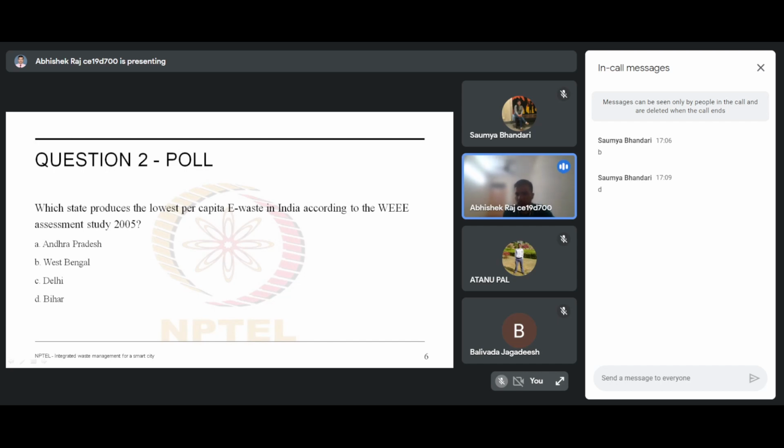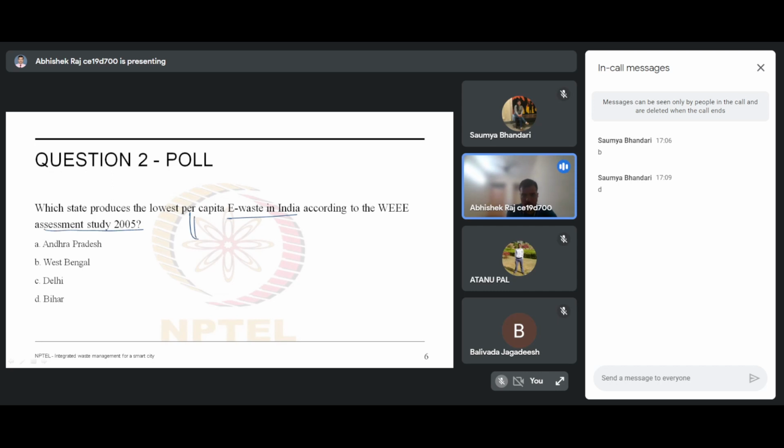So we have one response in the chat and one response in the poll for option D. I'll end the poll and discuss the answer.